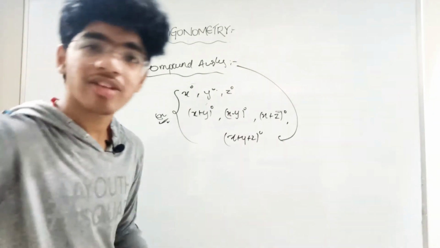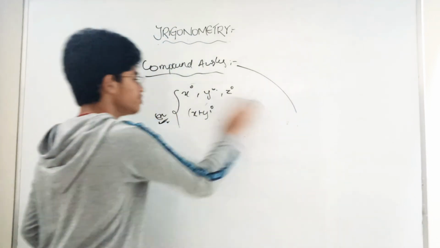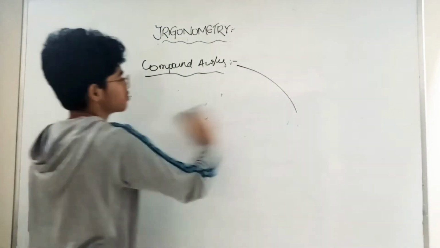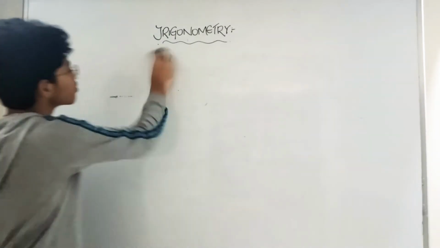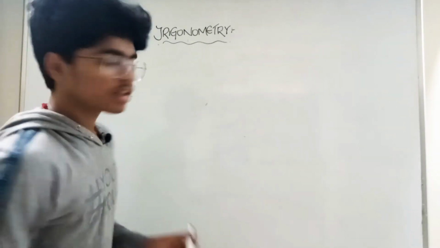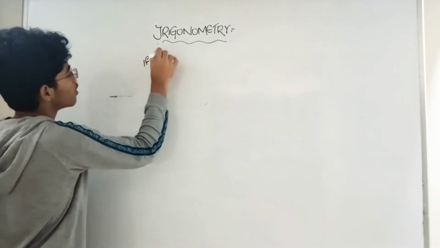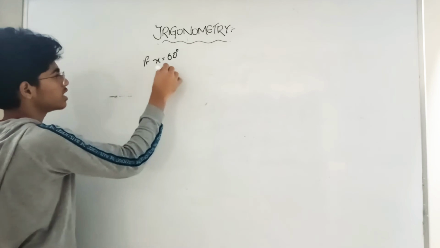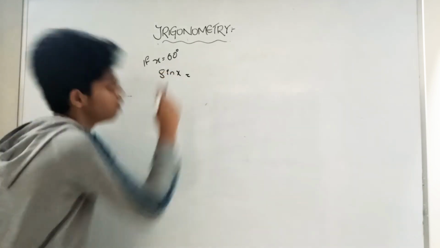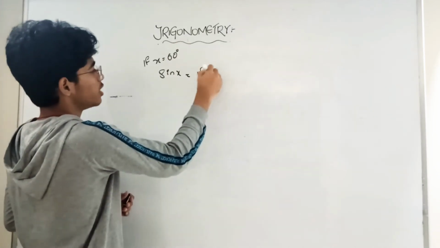But what does trigonometry have to do with these compound angles? Let's see. Suppose we take x equal to 60 degrees. So we know the value of sine x is root 3 by 2.